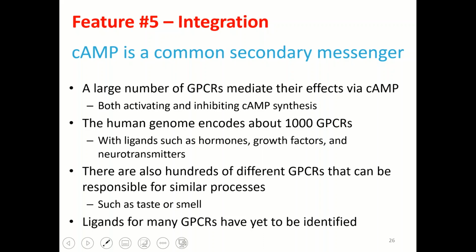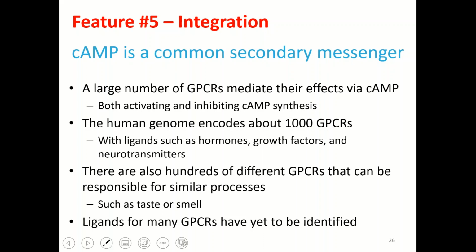Okay. There's also examples of integration here. Cyclic AMP is a very common secondary messenger. A large number of G protein coupled receptors mediate their effects via cyclic AMP. They can be both activating and inhibiting cyclic AMP synthesis. So you have some crosstalk there, right? Some of these receptors activate cyclic AMP synthesis, cause that concentration to go up.